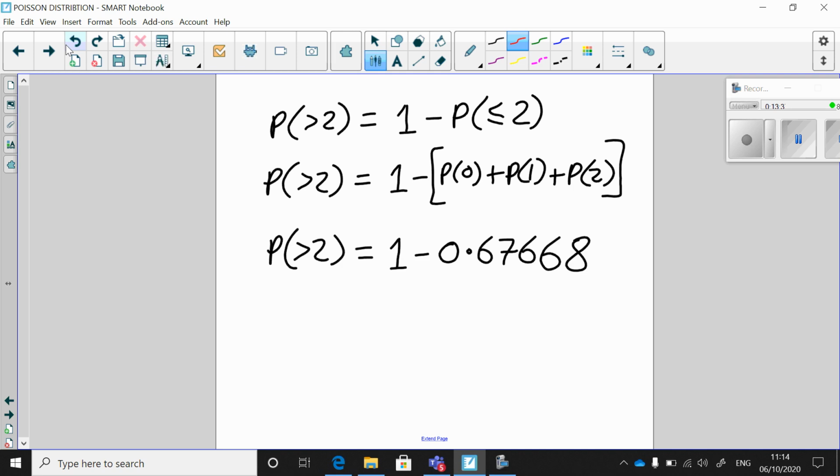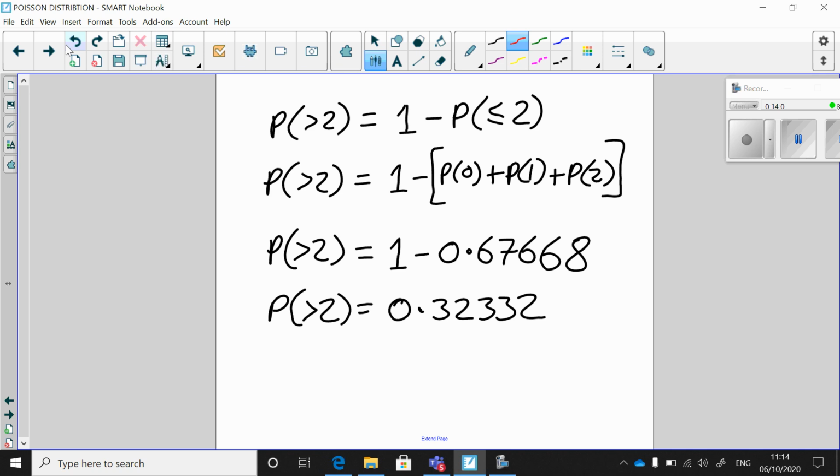So probability greater than 2 is going to be 1 minus the sum of those 3 individual probabilities. That comes out as 0.32332, just a little bit less than a third, because a third is 0.33333.